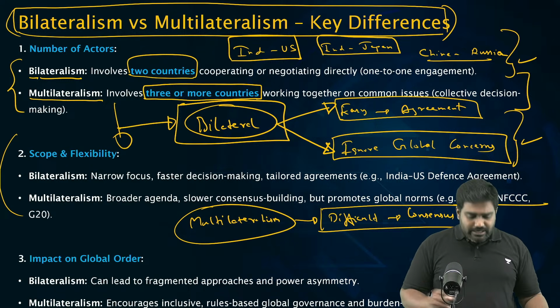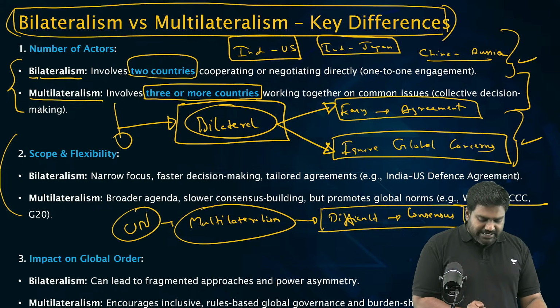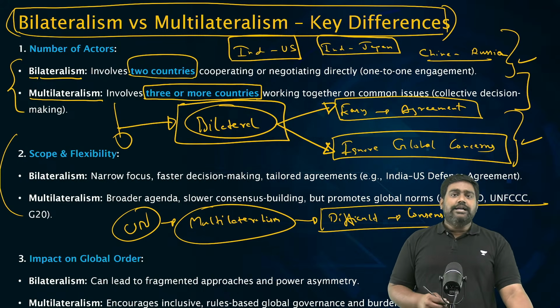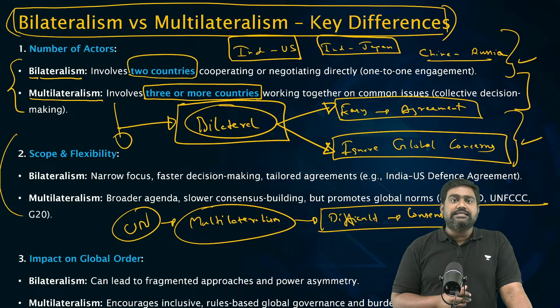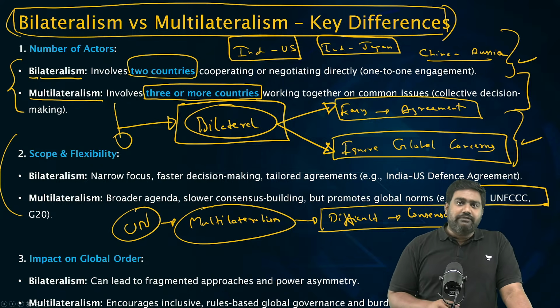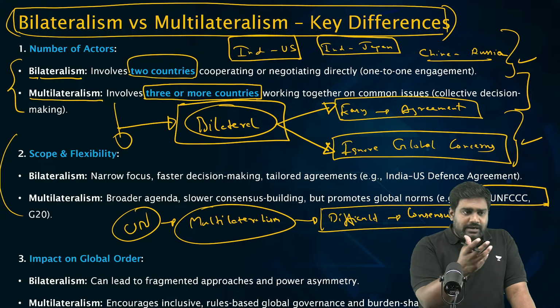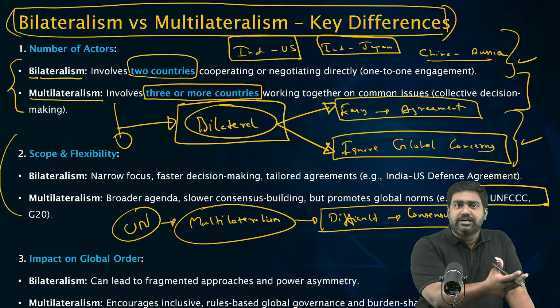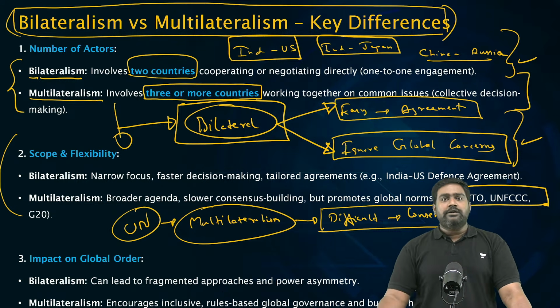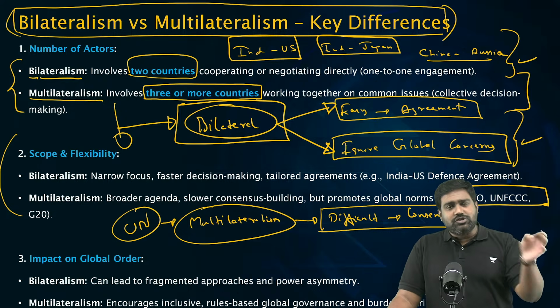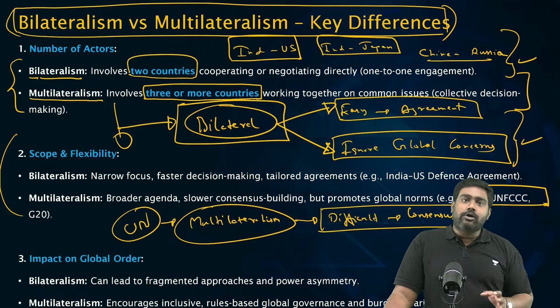For example, at United Nations, where all the member states are present, at WTO, it's very difficult to arrive at a consensus. Why do you think climate change convention has not been a true success? Because countries are divided. Even though they arrived at Kyoto Protocol and later Paris Agreement, it's not being properly implemented and followed up. Most of the summits will end as a failure because countries can't come to a common point.